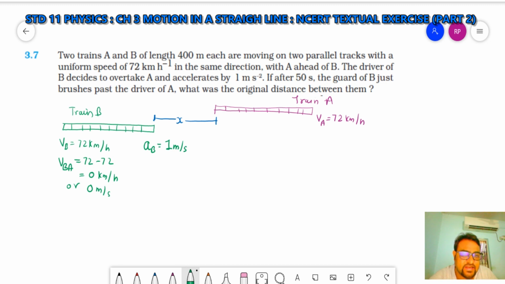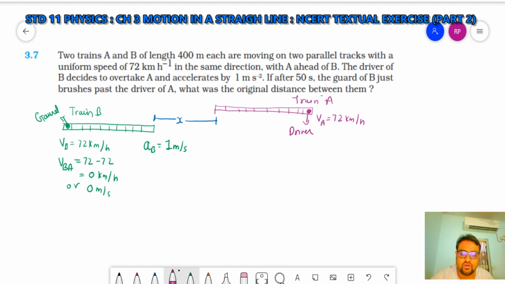After 50 seconds the guard of B, the guard at the end of the train, just brushes past driver A. Here will be the driver. So after 50 seconds, this guard is brushing past, which means train B has completely overtaken train A.